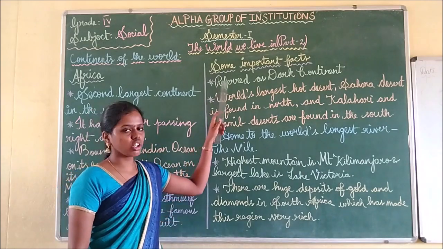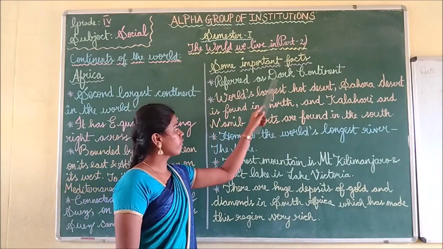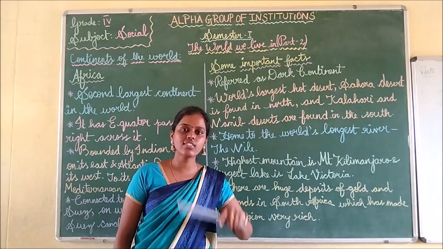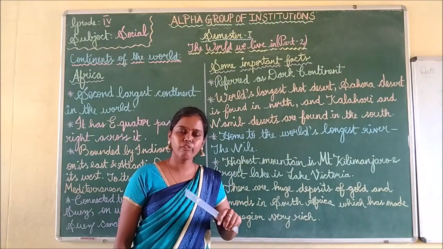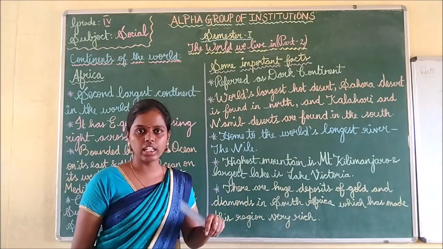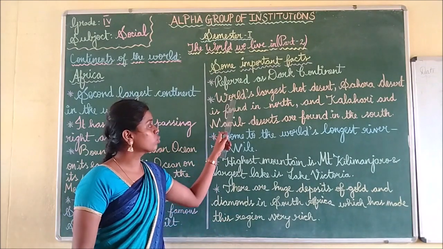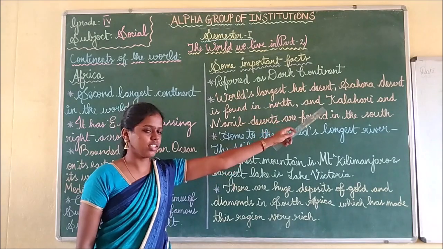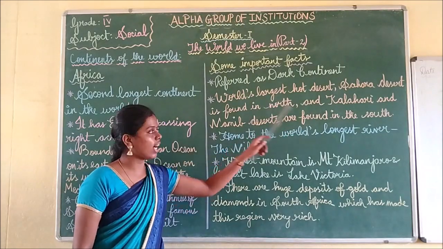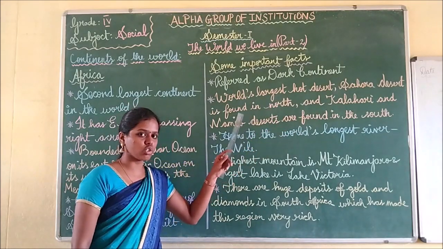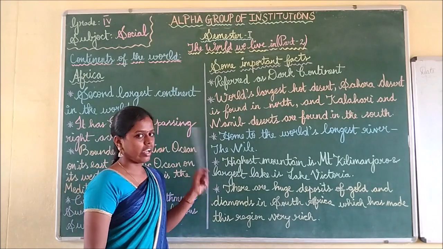Okay. So what are all the things we saw here? It is referred to as the dark continent because the history of Africa is a mystery till now. Very little history is known to the people. Then it is the world's largest hot desert. Sahara Desert is found in the north, and Kalahari and Namib deserts are found in the south of Africa.